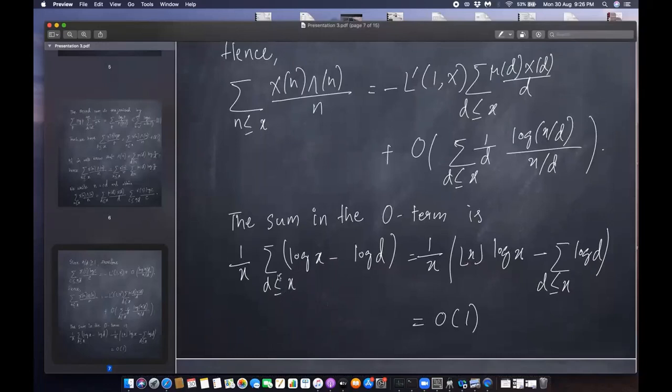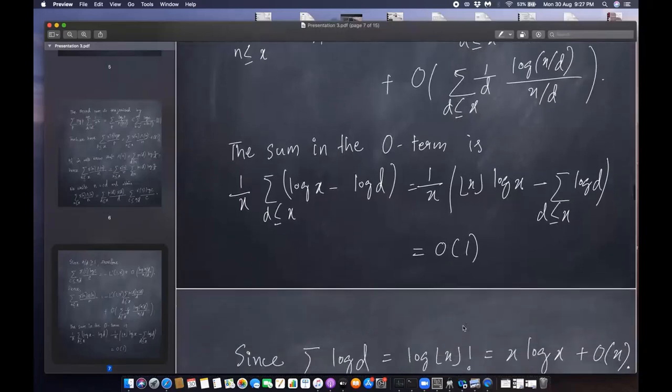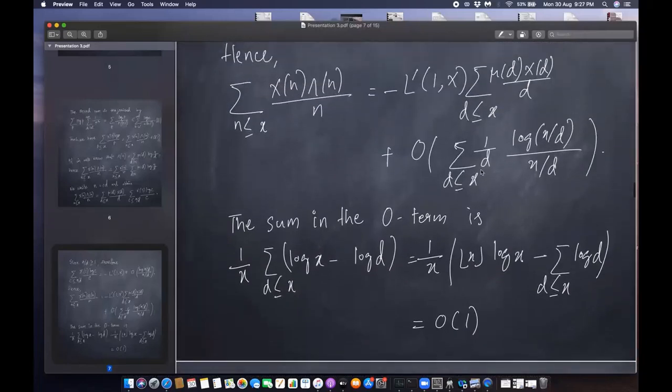If we take the sum, we have to count how many integers are less than or equal to x, so this is the exact count. And then minus this, which is equal to big O of 1, because if we push x inside, we obtain that this would be big O. So ultimately here we have this big O.